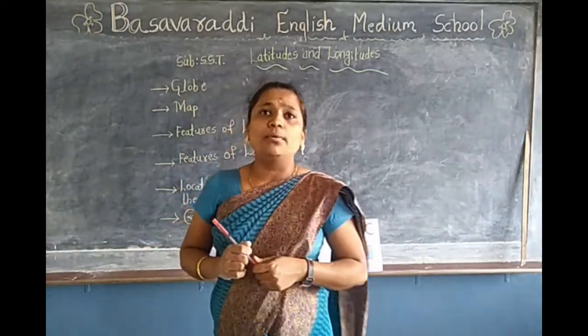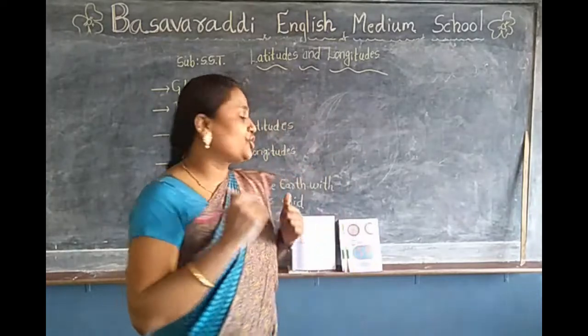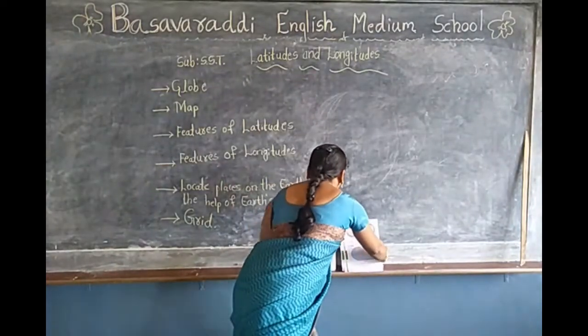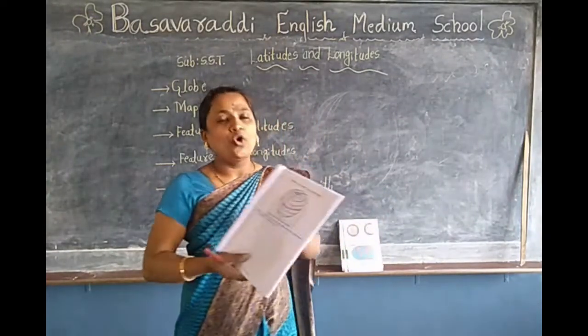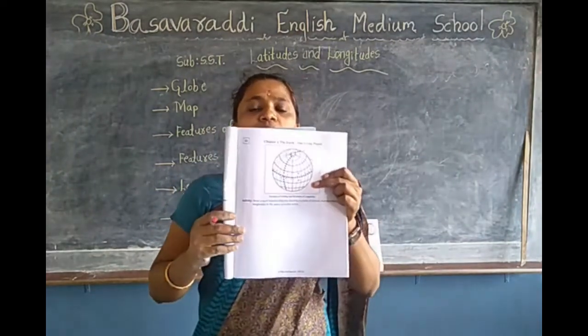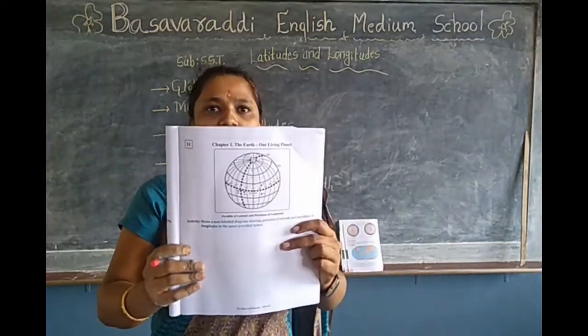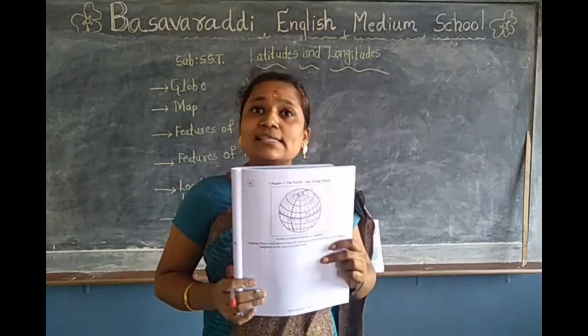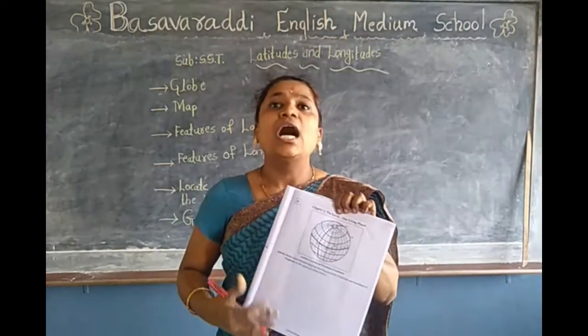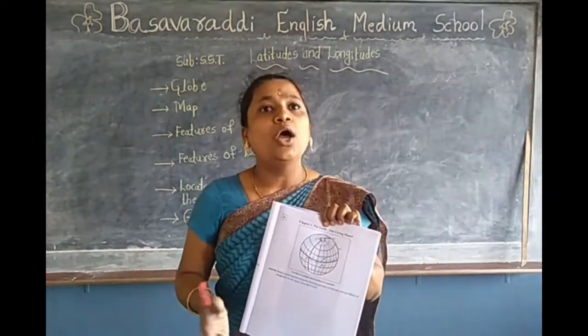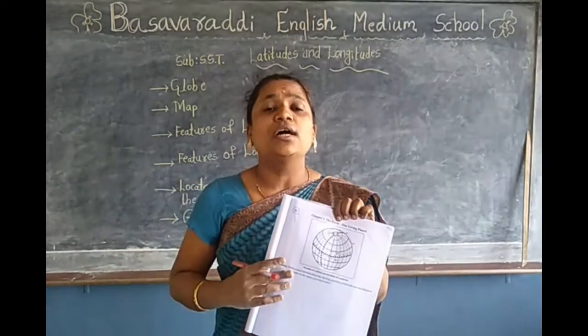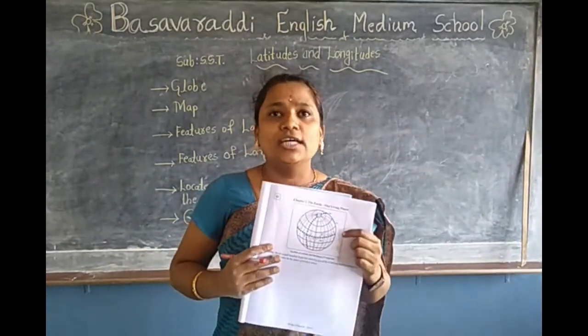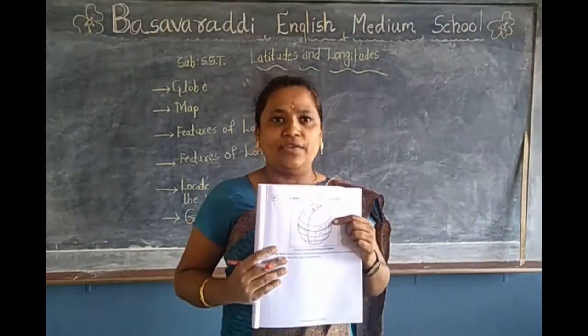A globe is a miniature model of the earth. A map is a drawing of a part or the whole of the earth on a flat surface.